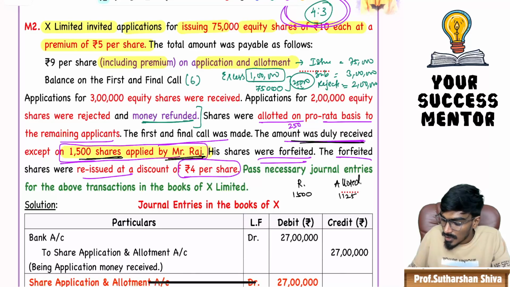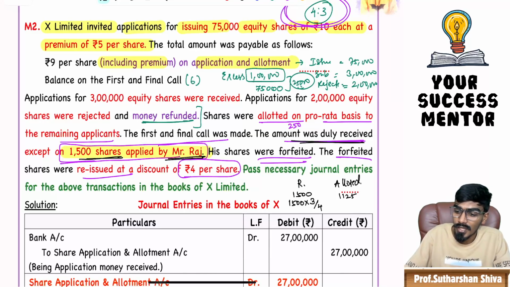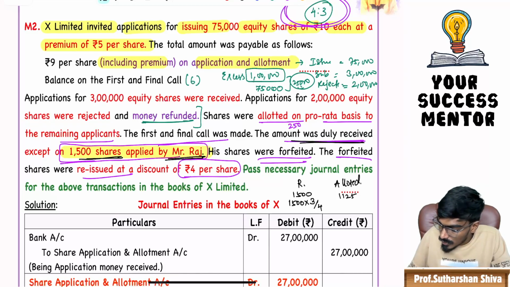How did you get this? 1,500 into 3 divided by 4. Perfect. You got 1,125 shares allotted.